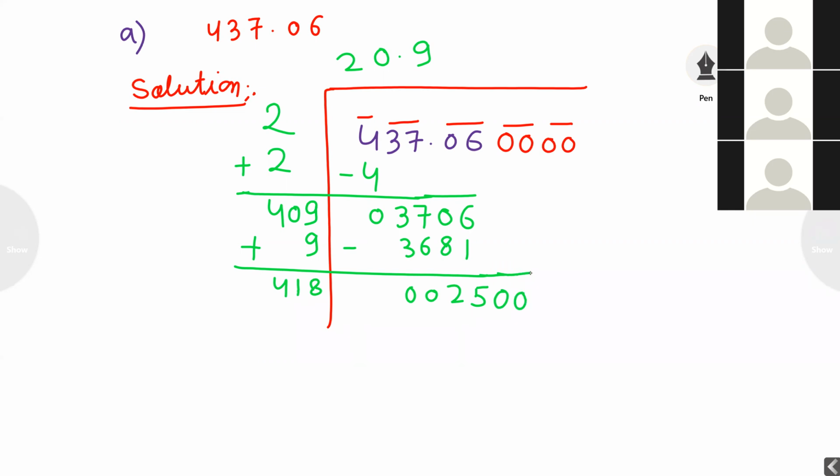Okay. Now 418 is there. If I want to take 0 also, that will be less than 4180. If I want to add 0 also, that value 2500 will be less than 4180. Which means I want to add 0. After adding 0, I can bring down here 00.